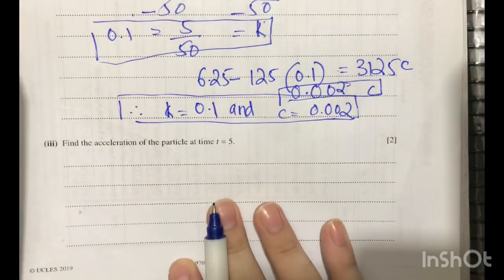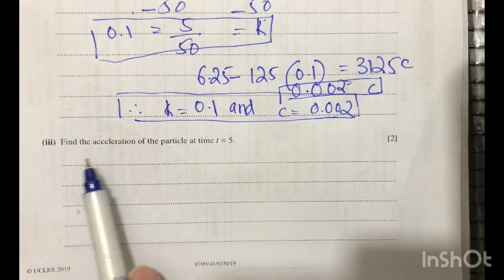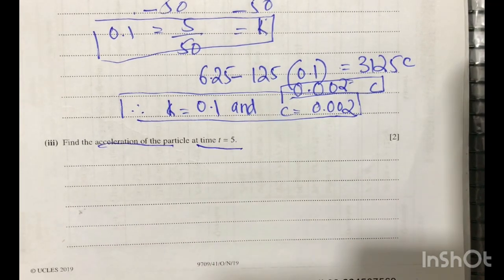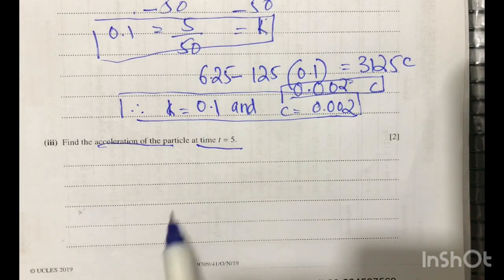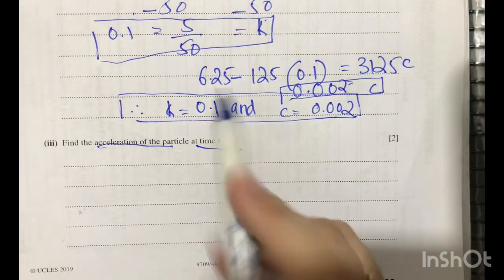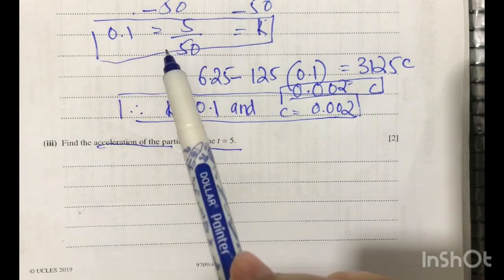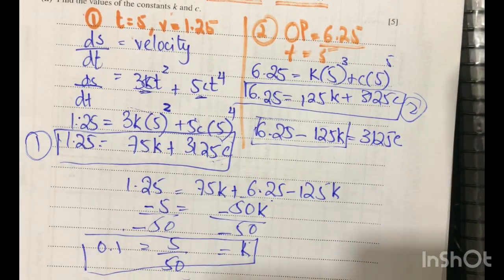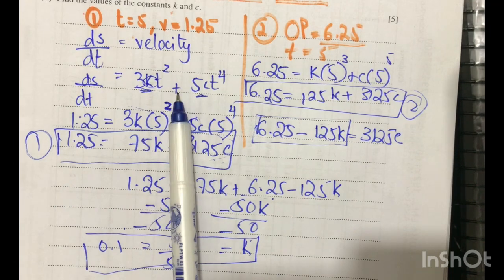Now, part 3. Find the acceleration of the particle at time t equals 5. So we all know that when we differentiate velocity we get acceleration. We found the equation for velocity over here.